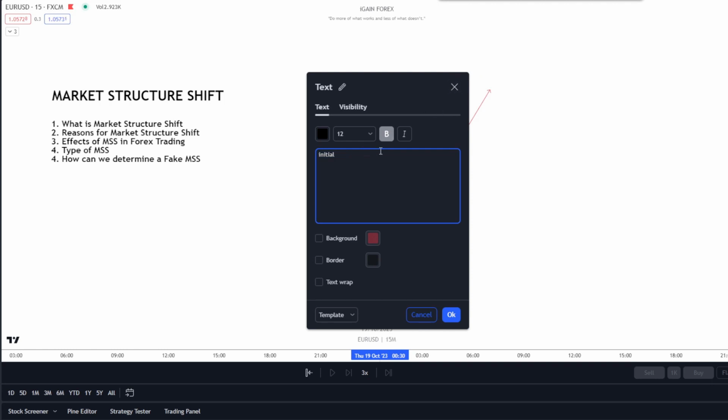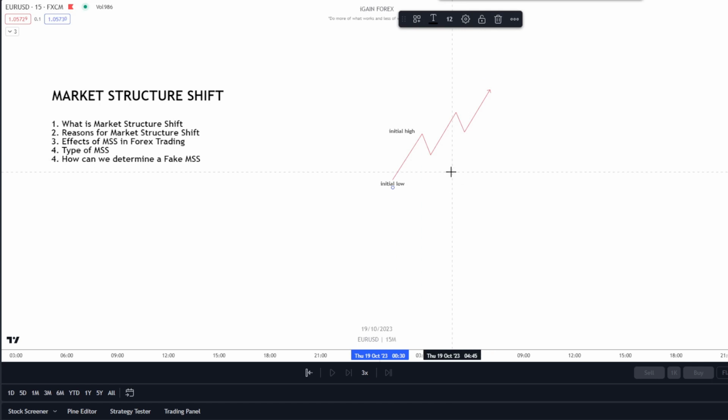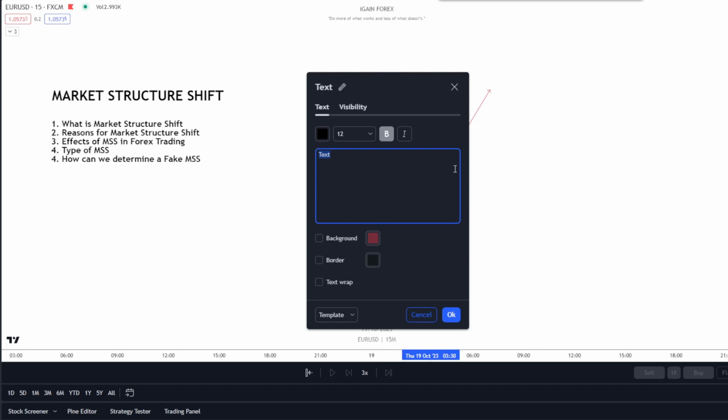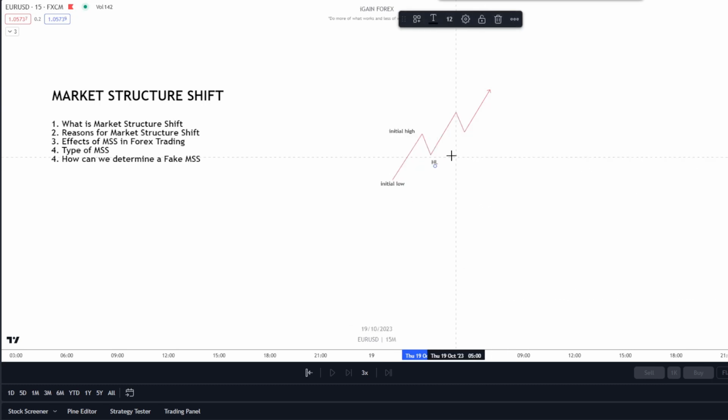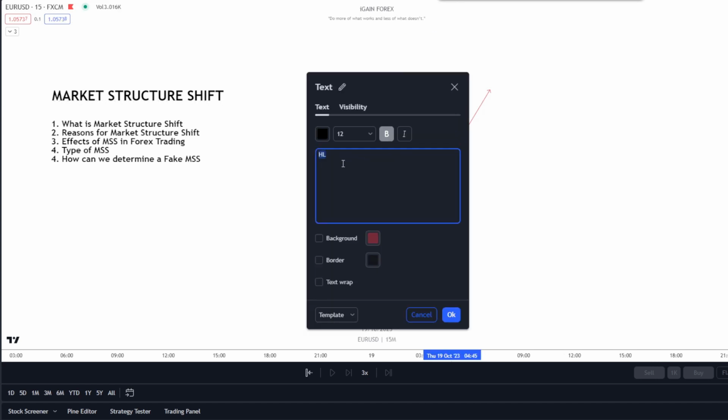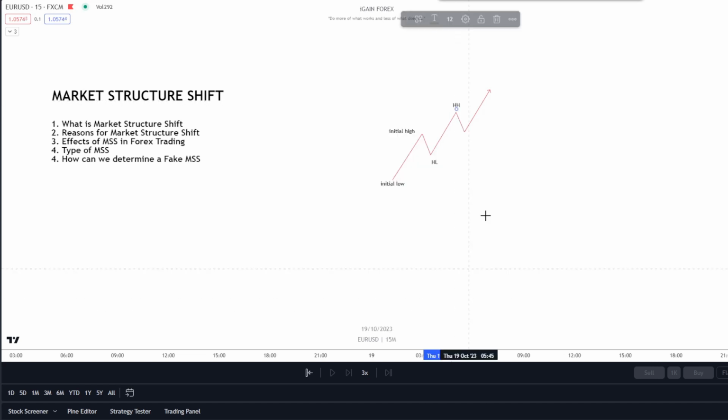As we understand, looking at this structure, we have this higher low, and we have this higher high, and again we have this higher low there. So looking at this structure, we can say that our market flow is in an uptrend structure. So this is the basic or the most common market structure shift.